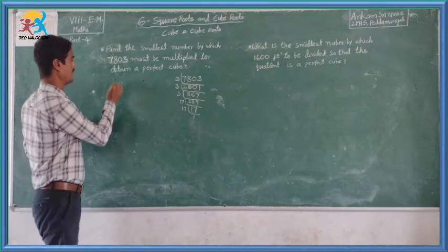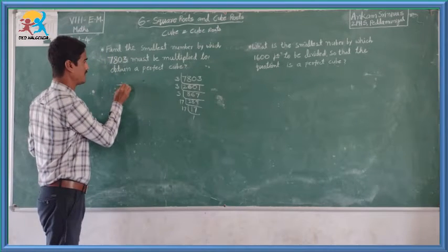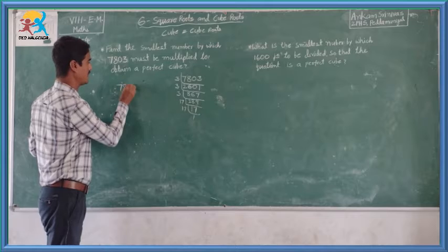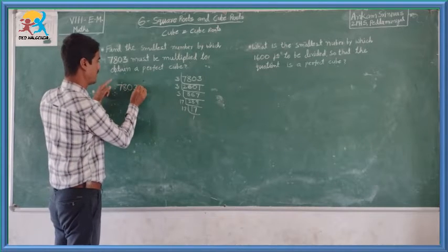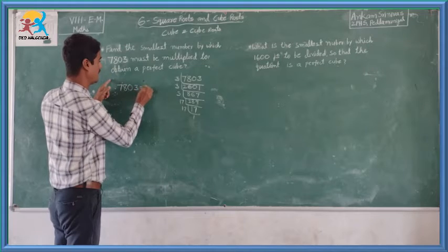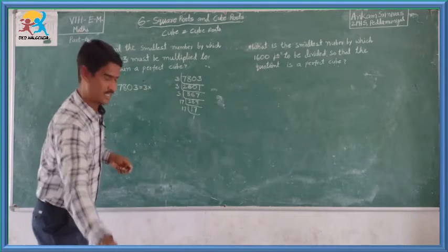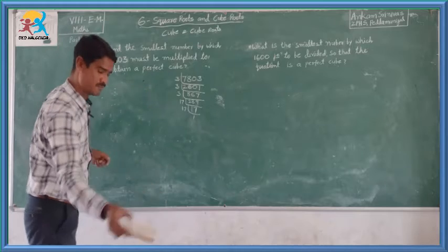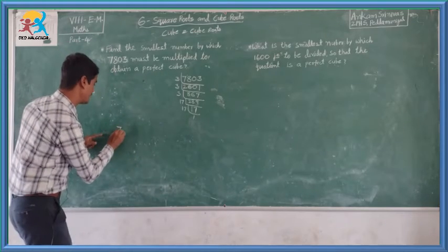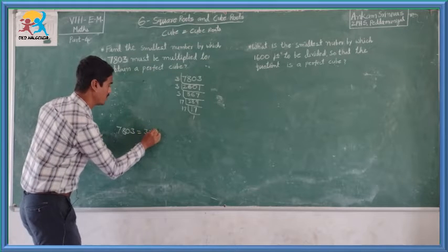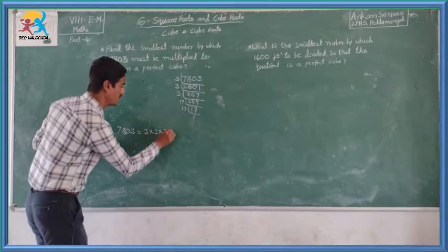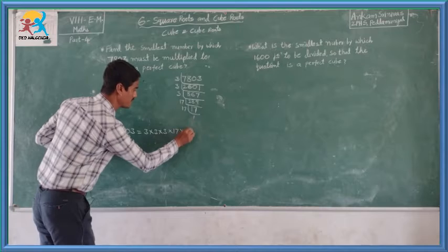So my dear children, the given number 7803 can be written as 3 into 3 into 3 into 17 into 17.